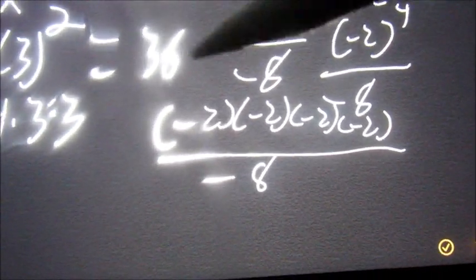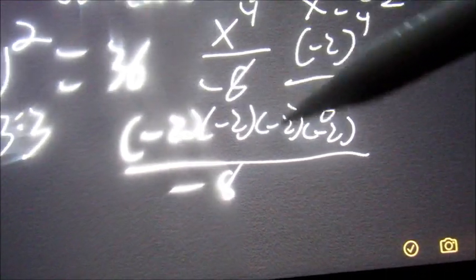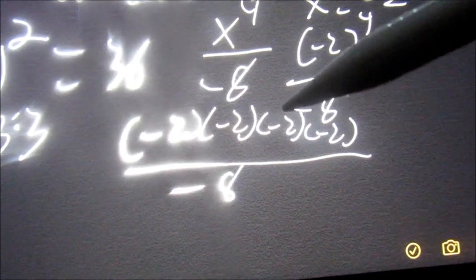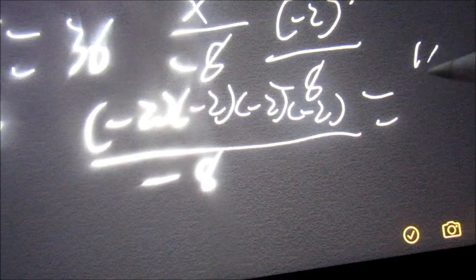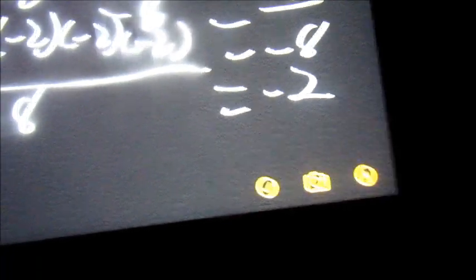So on this, we have negative 2 times negative 2, which is positive 4, times negative 2, which is negative 8, times negative 2, which is positive 16, still over negative 8, and our answer will be negative 2.